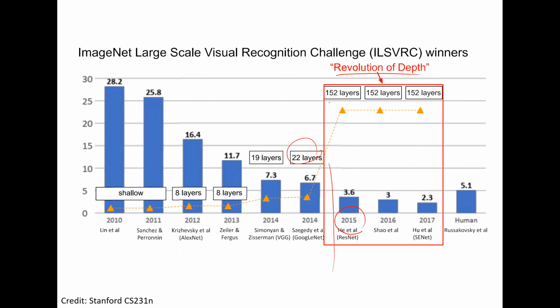However, after 2015, the network depth becomes like 152. And another thing is the performance of CNNs surpassed that of humans. So after 2015, the performance was better than humans.